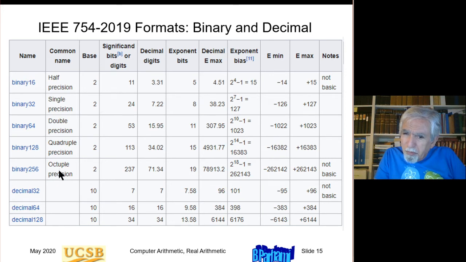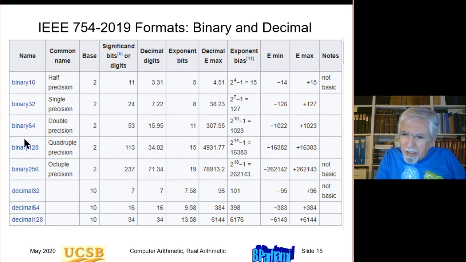And then octuple precision for 256. These are defined because a standard has to be forward-looking. So maybe in future, just as 16-bit became popular recently, maybe 128 and 256 will also become popular. They're defined, okay? Then for decimal, there's the 32-bit format, 64-bit format, and 128-bit format.